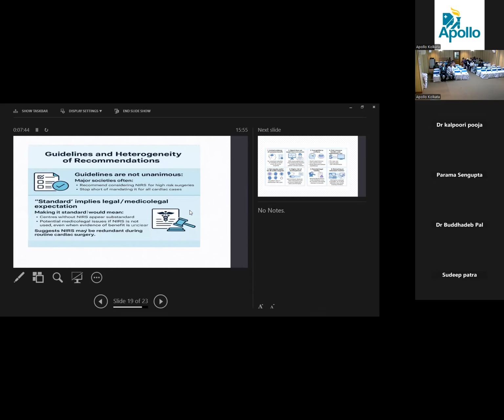So we can see that for NIRS, the guidelines are unanimous, and we should avoid making it standard, because it would mean that centers without NIRS appear substandard, and there is a potential medical legal issue if NIRS is not used.